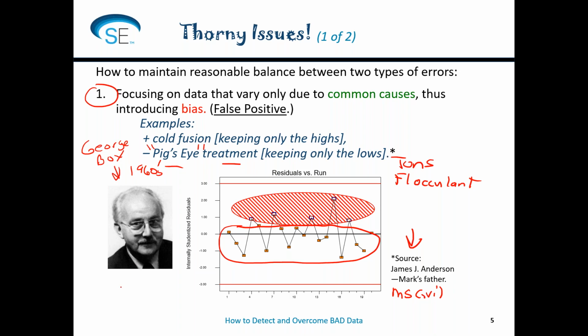And at that time, Box had emigrated to Madison, Wisconsin, and set up camp there, and was a tremendous resource. And George Box said, you ought to do a design of experiments. And it turned out, when he did the design of experiments, that there was no significant improvement to the wastewater treatment because of the flocculant.